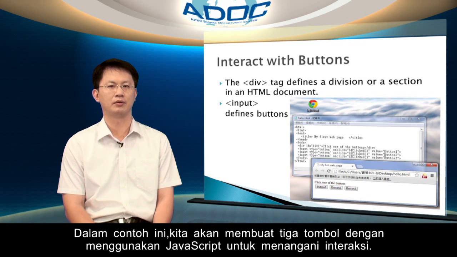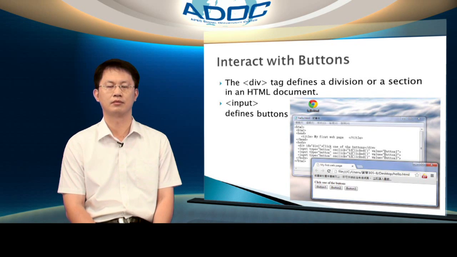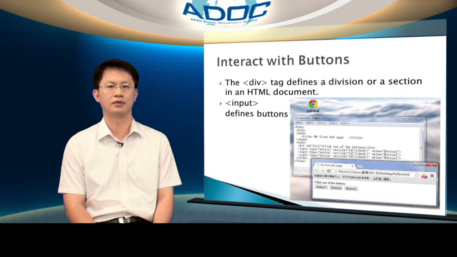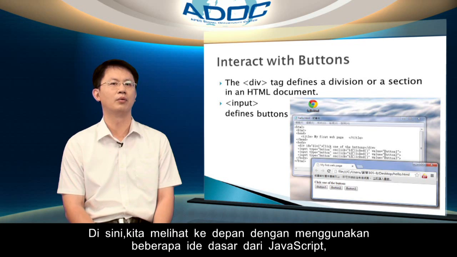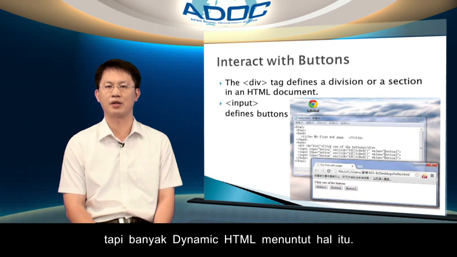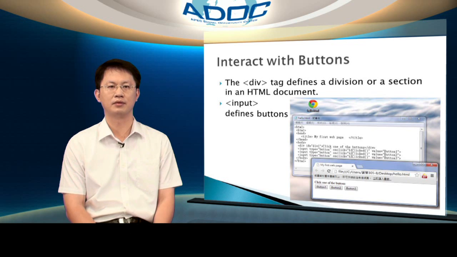In this example, we will create 3 buttons by using JavaScript to handle interactions. In the later sessions, we will look into JavaScript for more detailed functionalities. Here we are looking ahead by using some basic ideas of JavaScript, but a lot of dynamic HTML demands it.